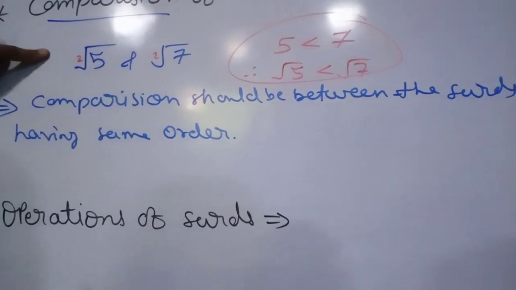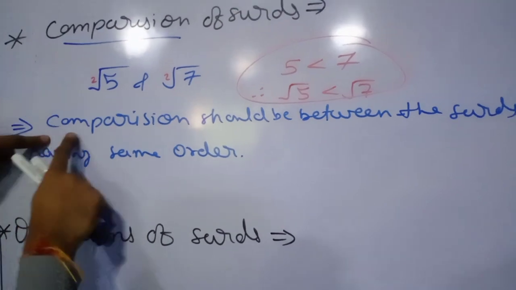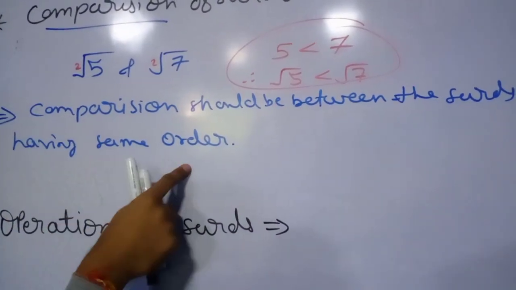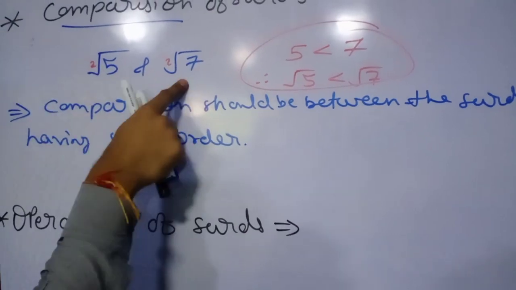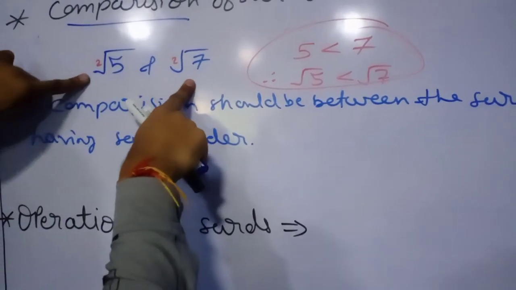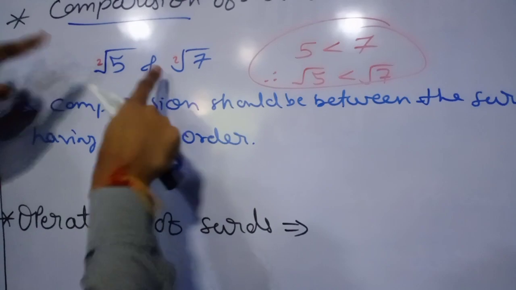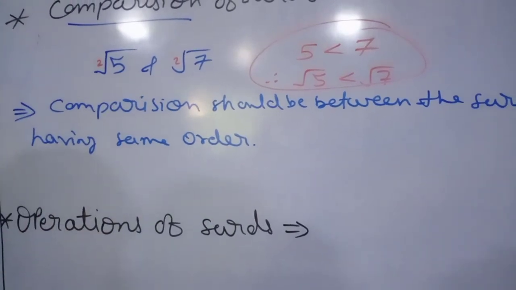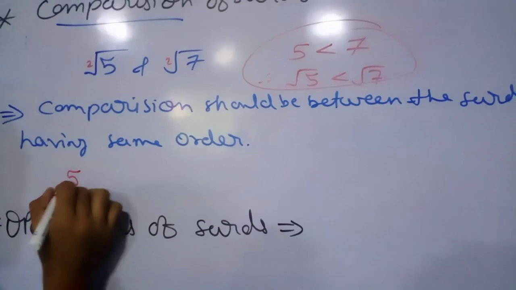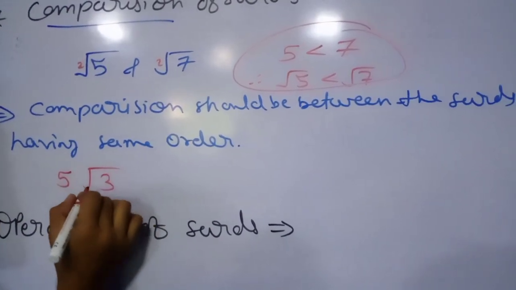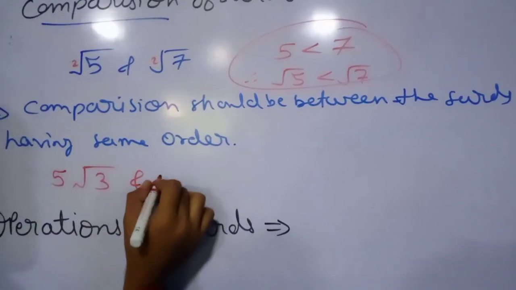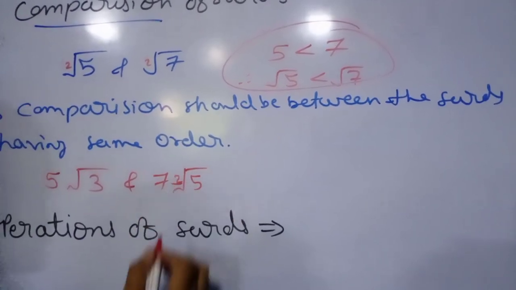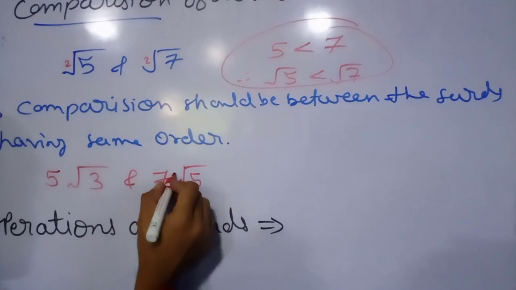The thing we have to keep in mind is that the comparison should be between surds having the same order. Whenever we compare two surds, the order of those surds should be the same. For the second example, here we have 5 root 3 and 7 root 5 with order 3.